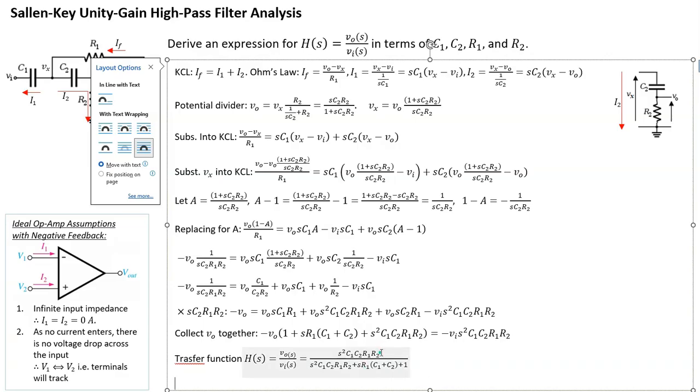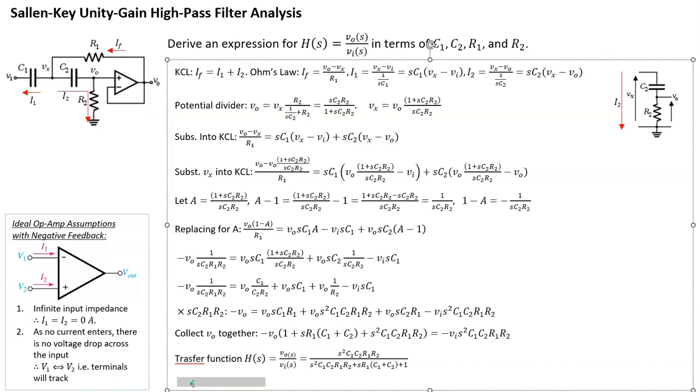So basically, we're dividing by those terms, and you're going to get H of S.